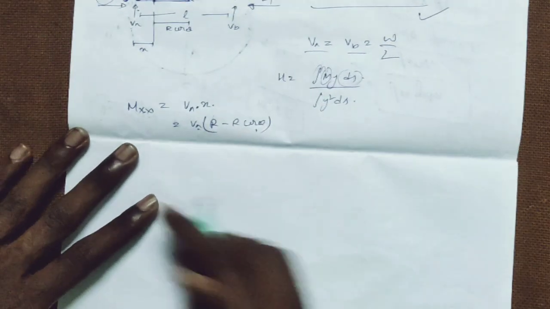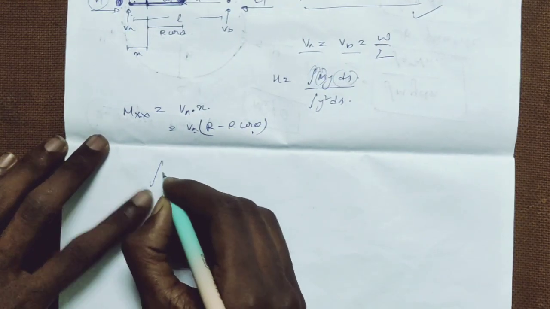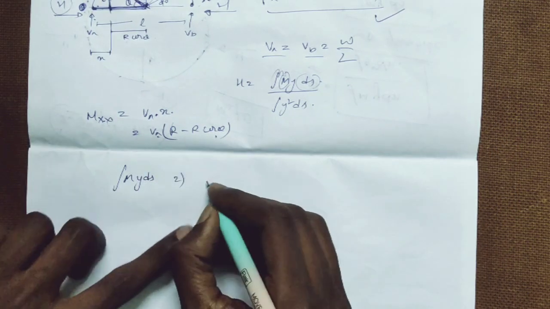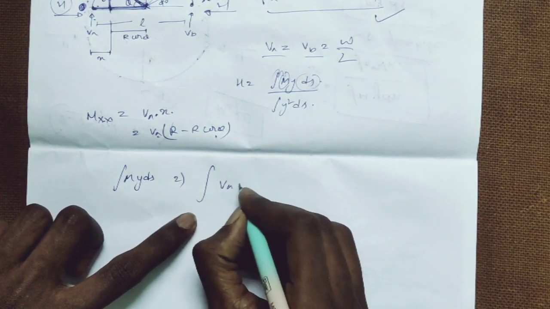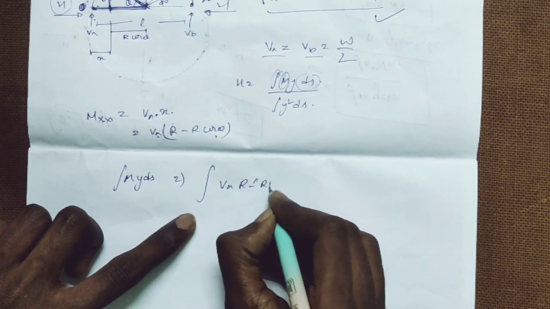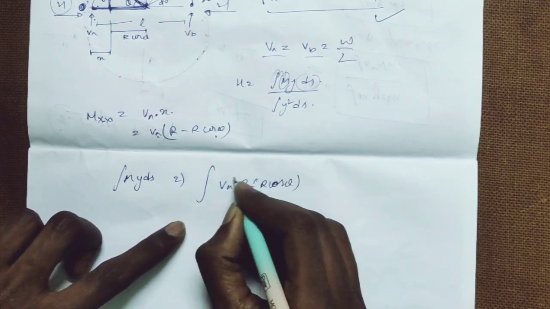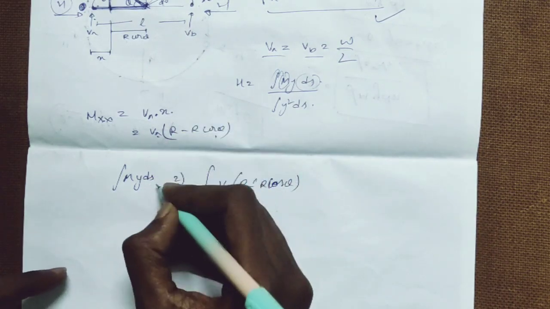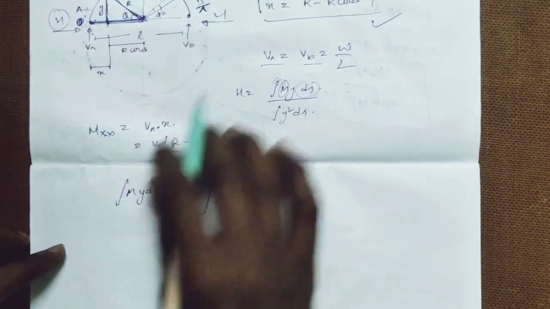Let's see how we will write m by ds. We got m as W by 2 times r minus r cos theta, and ds means r d theta.